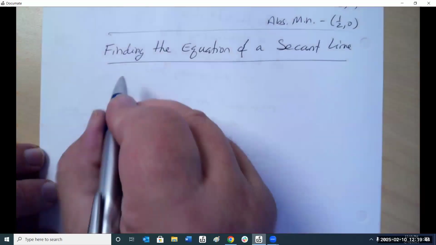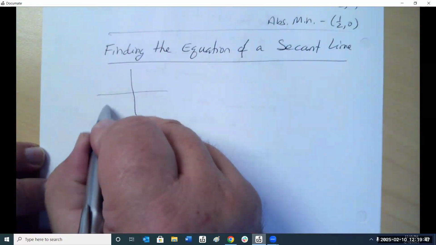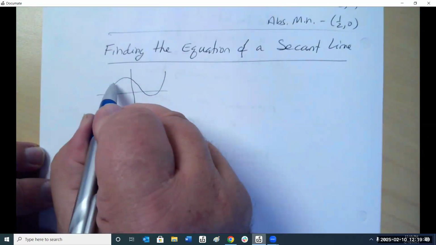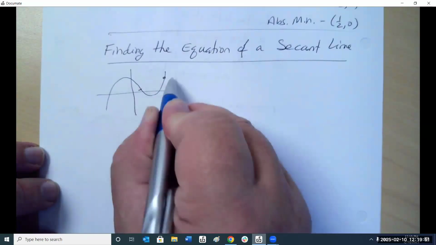You can't intercept the slope. Slope is a value. A secant line is any line that bisects a curve. So it's a line that crosses the curve at two points.